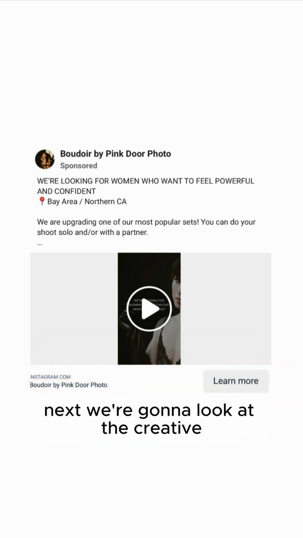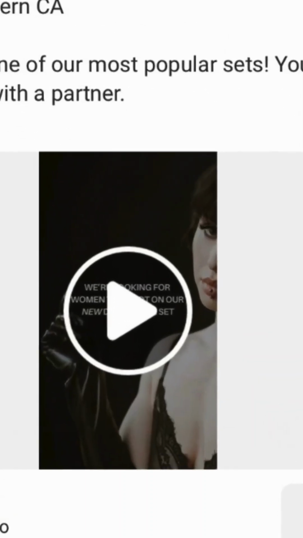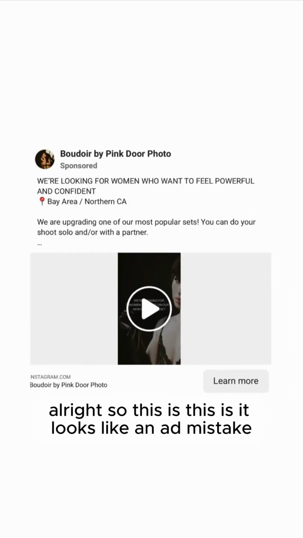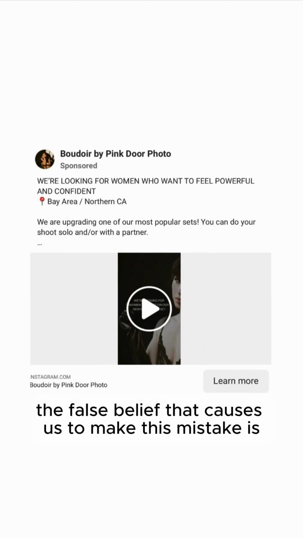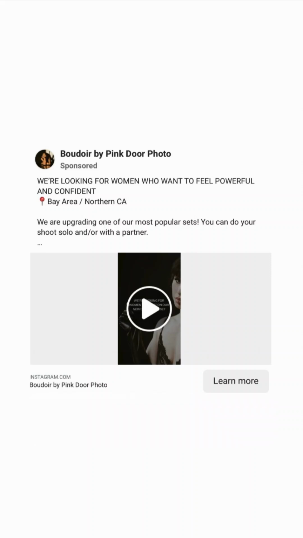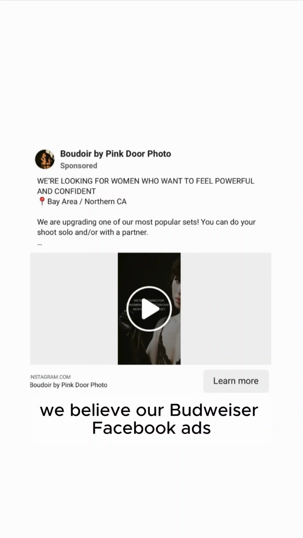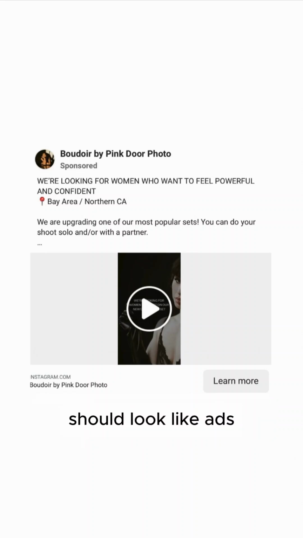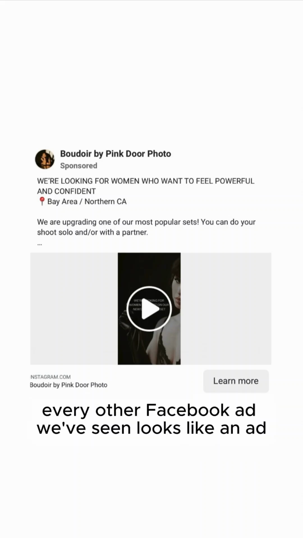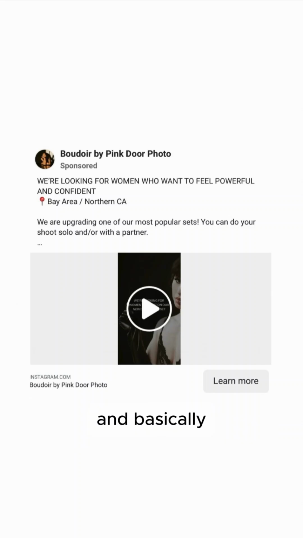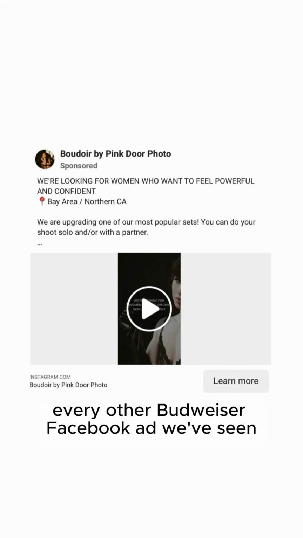All right, next we're going to look at the creative. This looks like an ad mistake. The false belief that caused us to make this mistake is we believe our Boudoir Facebook ads should look like ads, because basically every other Facebook ad we've seen looks like an ad, and basically every other Boudoir Facebook ad we've seen also looks like an ad.